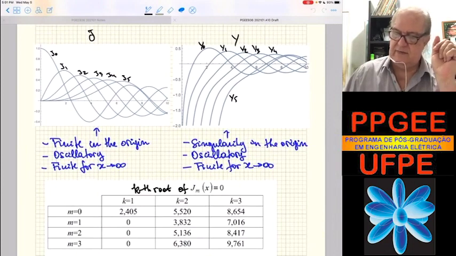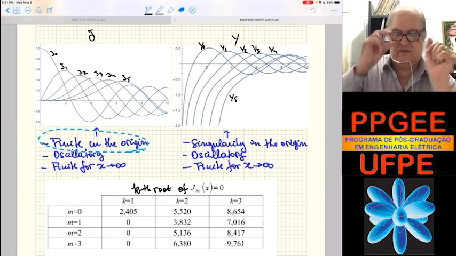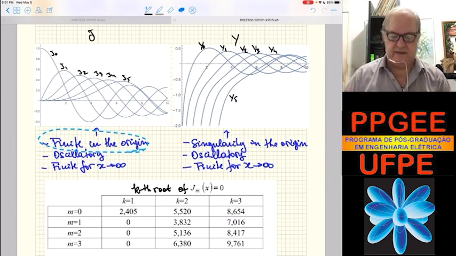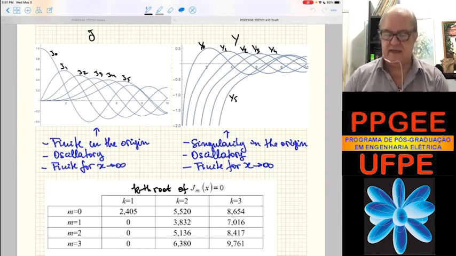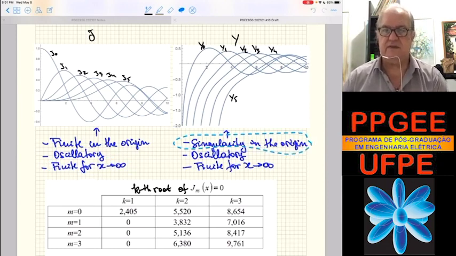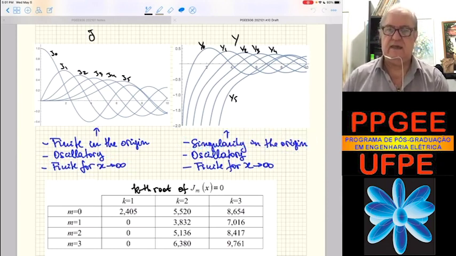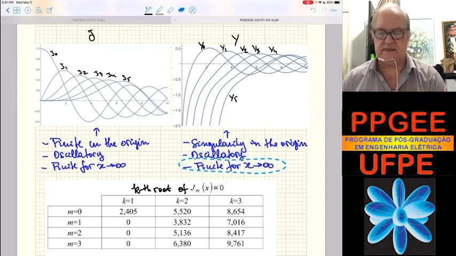And some important remarks that I have to look at. The Bessel function of integer order is finite at the origin, is oscillatory, and is finite for large x. The second kind has a singularity at the origin, is oscillatory, and is finite for large arguments.